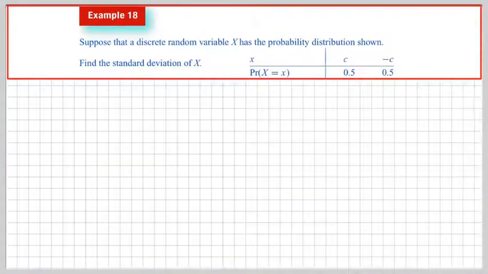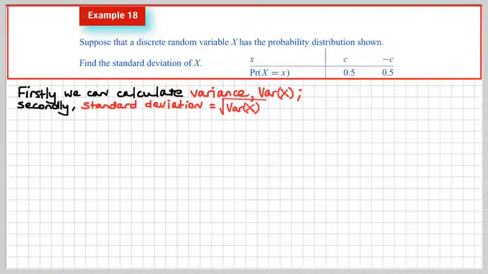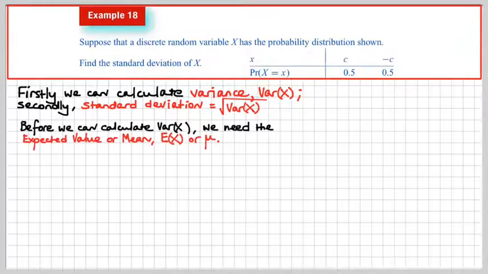Now, this is pretty easy. What we're going to do is work out the standard deviation of x using the formula we showed on the previous page, which means we've got to work out the variance and then take the square root of it. Firstly, we have to calculate the variance, and secondly, the standard deviation will be the square root of the variance.